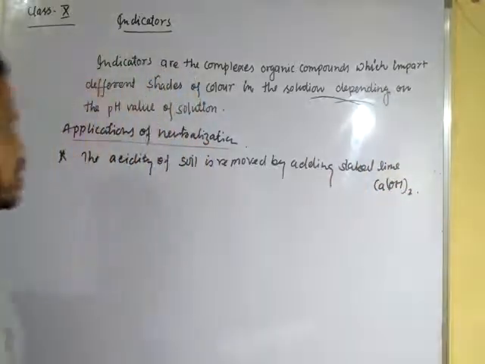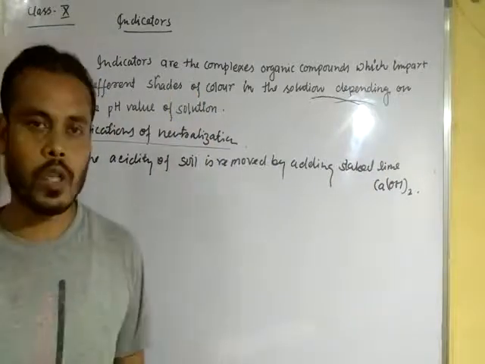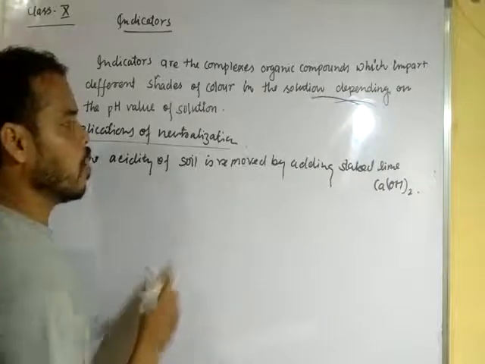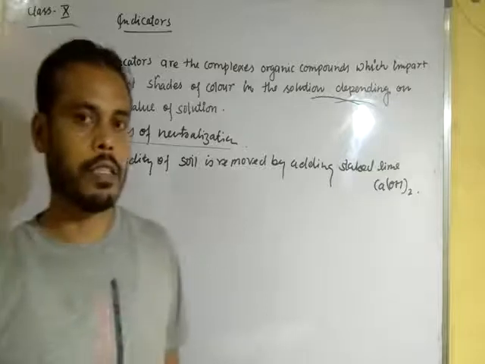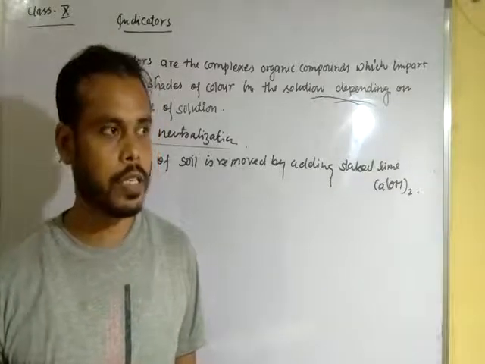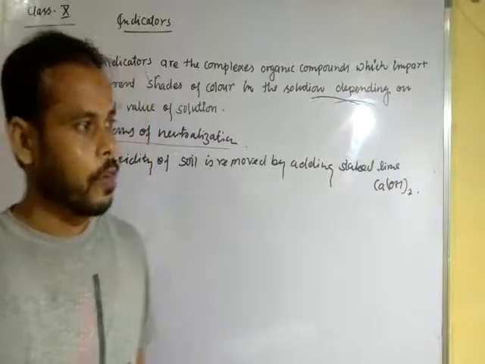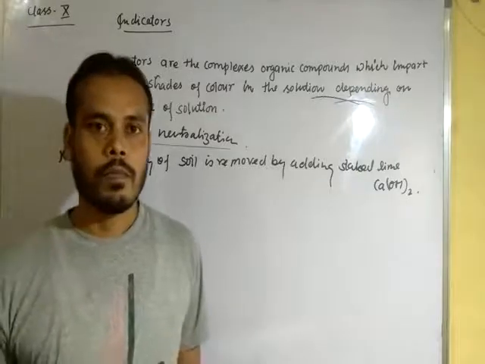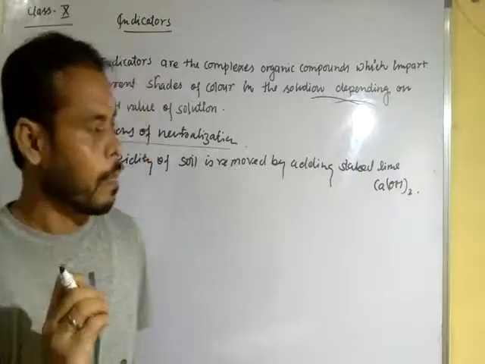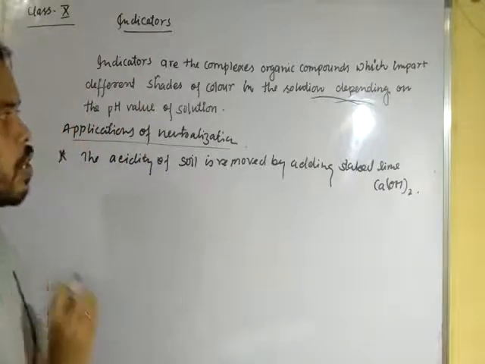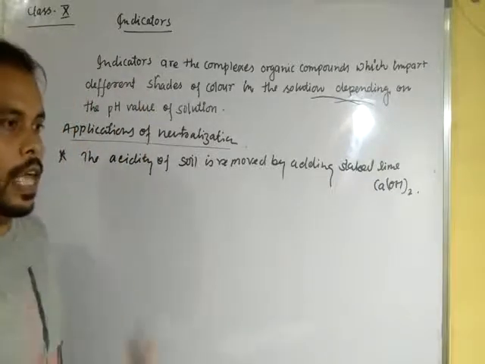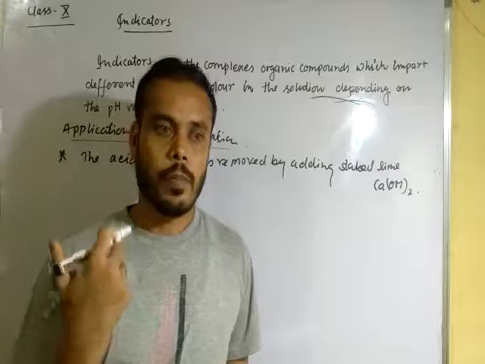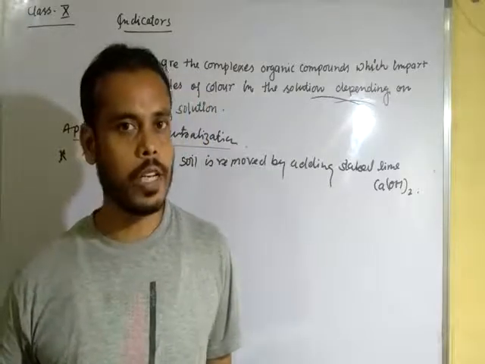Sometimes the acidity of the soil increases, so the pH value of the soil decreases. For a better crop there should be a good pH of soil. If the pH increases or decreases, it affects the productivity of the crops.